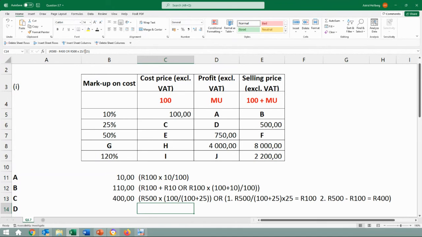So if you got it wrong, it is fine. This is why we're doing these types of questions, to help you figure out what are the concepts that you missed.